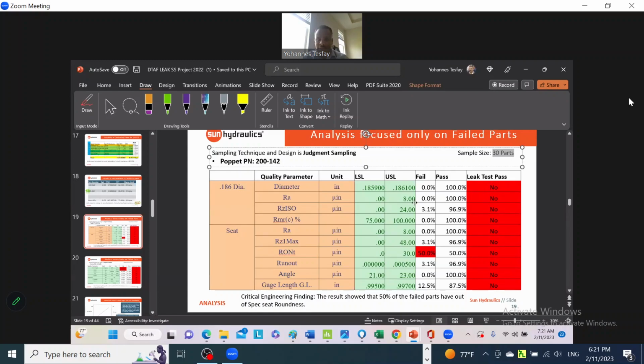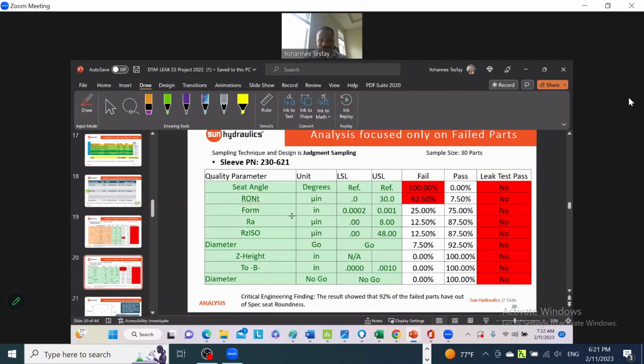All those parts failed, and diameter, RA, RZ are good numbers, but when it comes to roundness, it is bad. 50% chance on the seat. So the critical finding: the result showed that 50% of the failed parts failed because of the seat roundness spec. That's what we find.